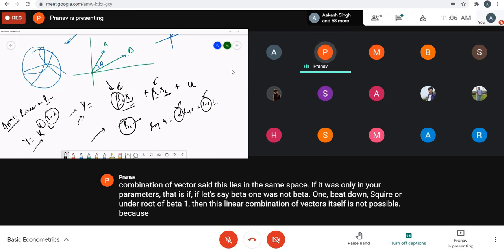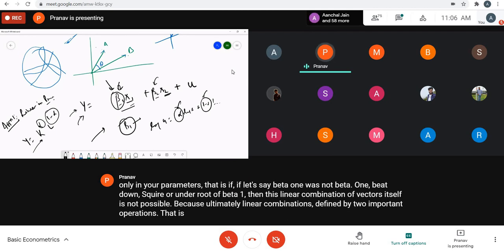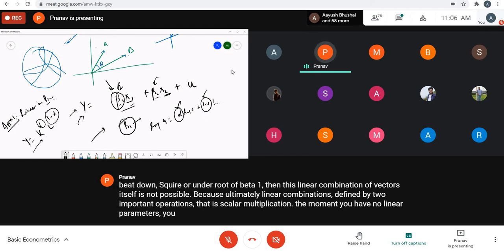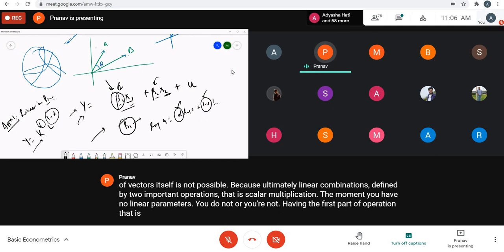Because ultimately linear combination is defined by two important operations, that is scalar multiplication. The moment you have non-linear parameters, you are not having the first part of the operation, that is scalar multiplication of the vectors.